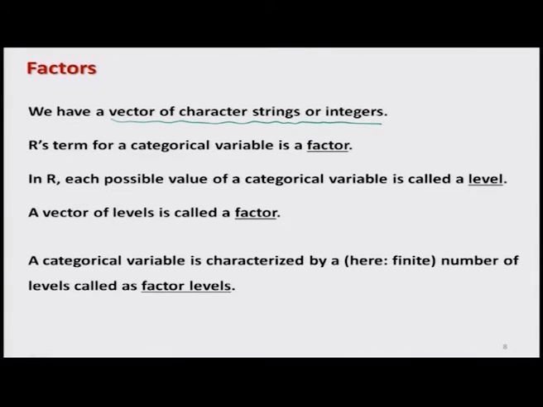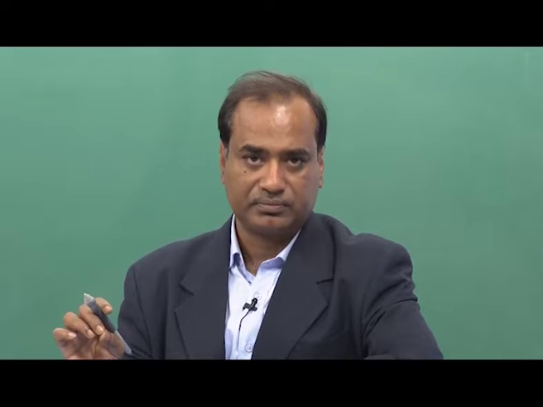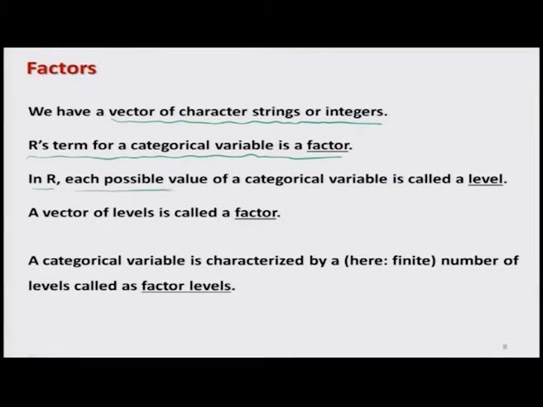One basic fundamental thing you have to understand is that R's term for a categorical variable is a factor. In R, each possible value of a categorical variable is called a label, and a vector of labels is called a factor. That is a more precise definition.